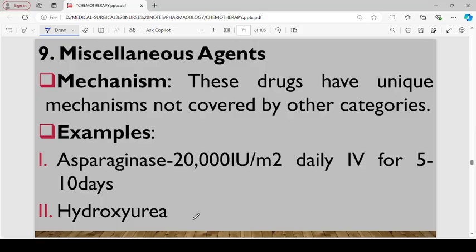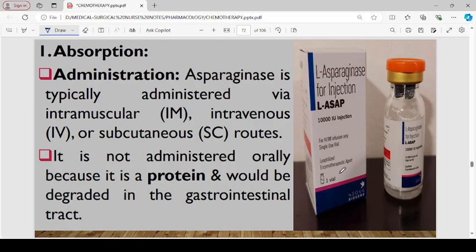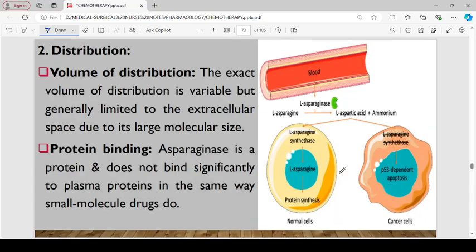For asparaginase, the dose could be 20,000 IU per square meter daily IV for around 5 to 10 days. Asparaginase is typically administered via IM, IV, or subcutaneous routes. It's not administered orally because it's a protein, and if given, it will be degraded in the GIT.